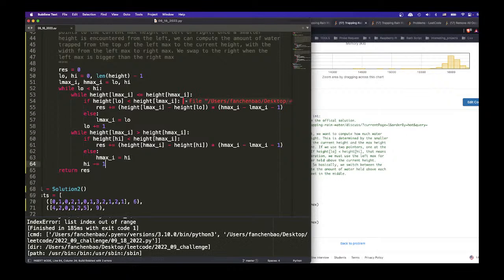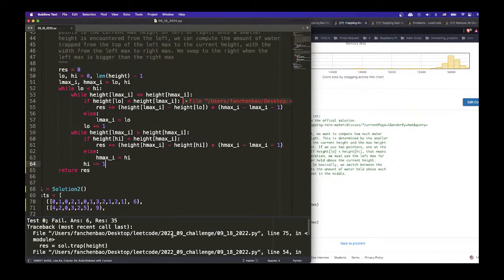Now we have list index out of range. Huh. The hell? Oh, we just keep going.